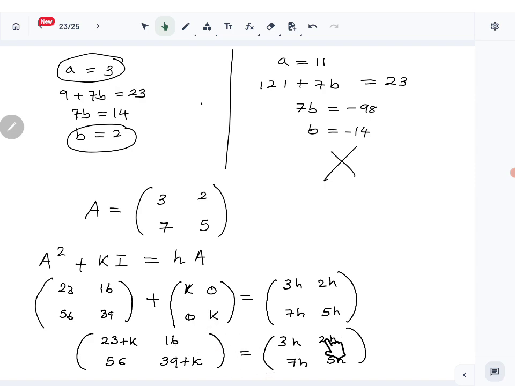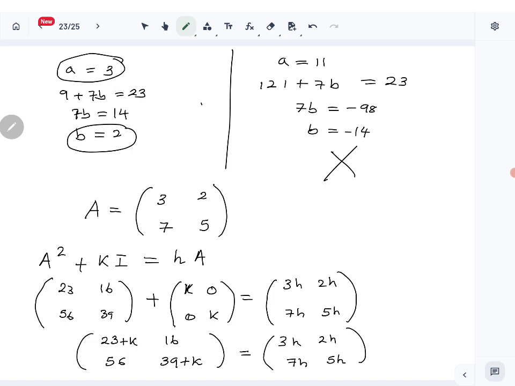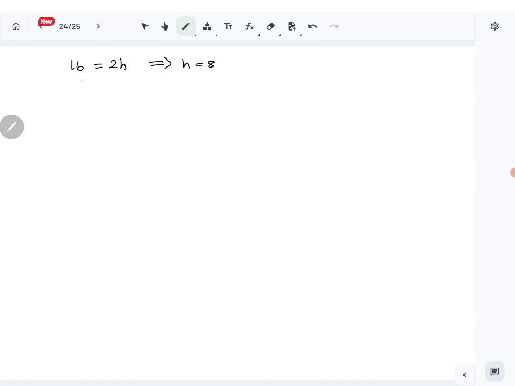So then we can compare terms and get the answer. So I will compare 16 to 2h. That's the easiest thing to do. 16 to 2h gives me h equals 8. Then compare something with k. So 23 plus k has to be equal to 3h. So 3h is 24, since h is 8.